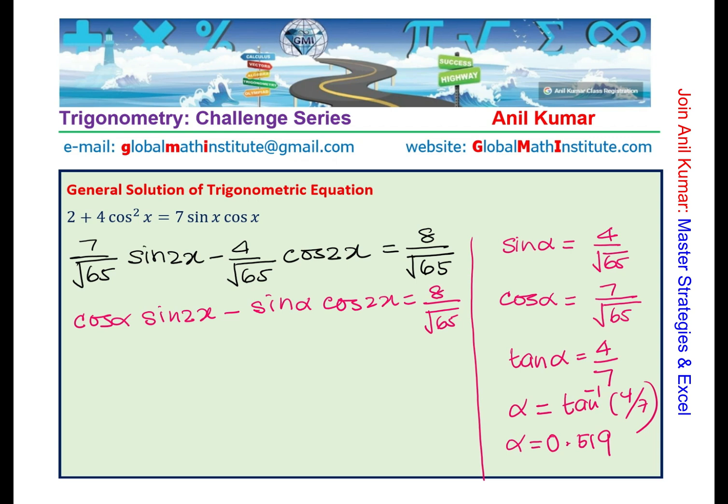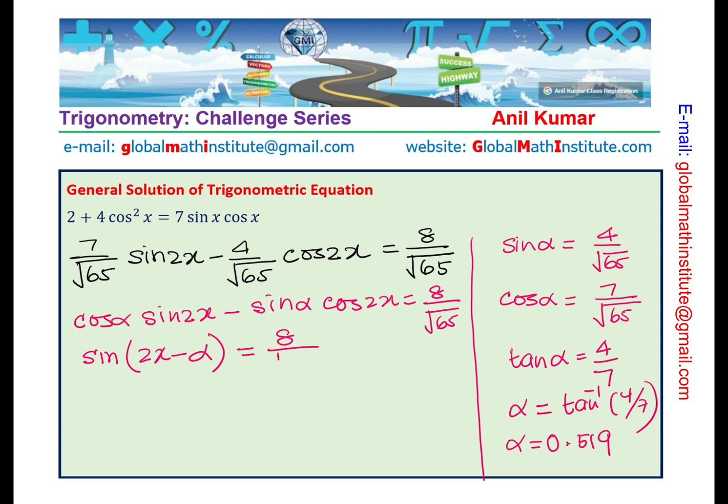Now, this equation can be written in the form of, alpha we know is 0.519, correct? So this can be written as sine of 2x minus alpha, and that is equal to 8 over square root of 65.